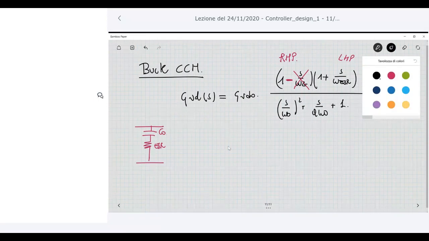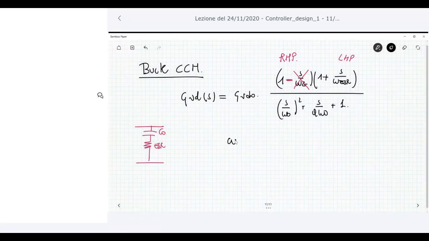For the buck, the poles are at 1 over the square root of L C naught, and omega ESR, the zero, is 1 over ESR C naught.